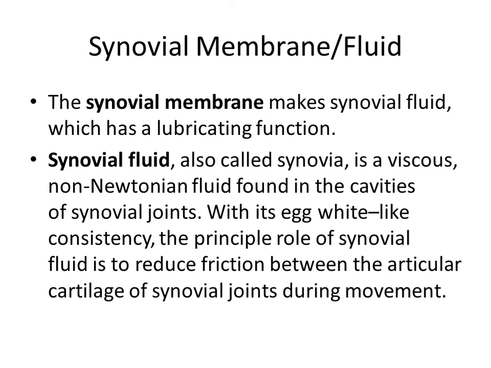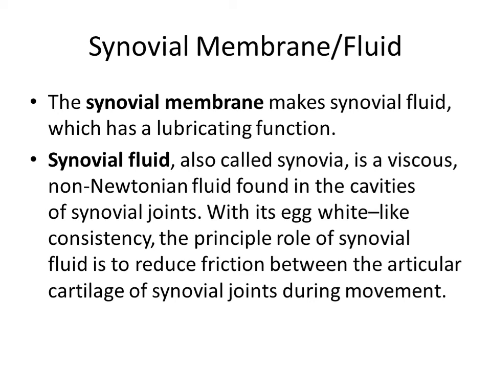Okay, so now is where we come to the synovial membrane and the fluid. The synovial membrane makes synovial fluid, which has a lubricating function. So remember, guys, don't confuse this, all right? Synovial membrane is the one that makes the synovial fluid, all right? And the synovial fluid has a role of lubrication.